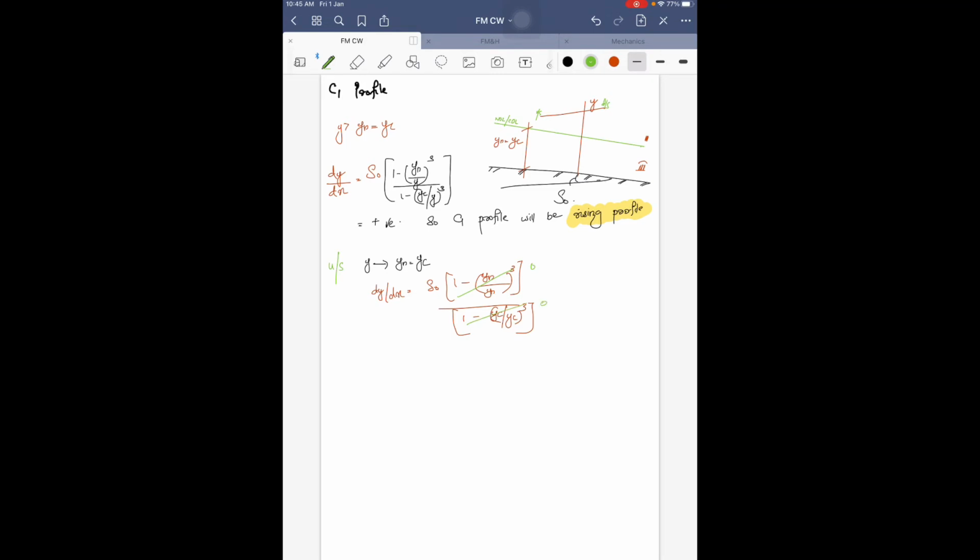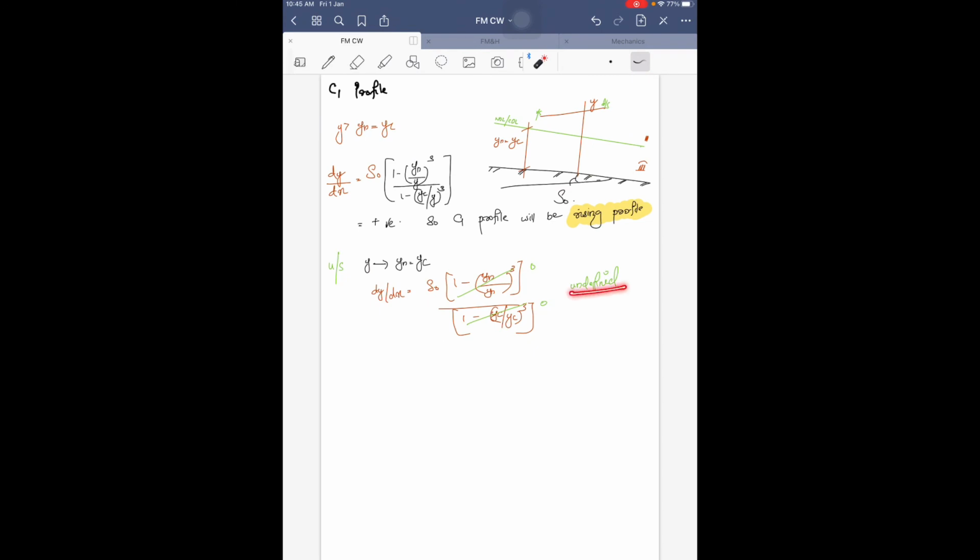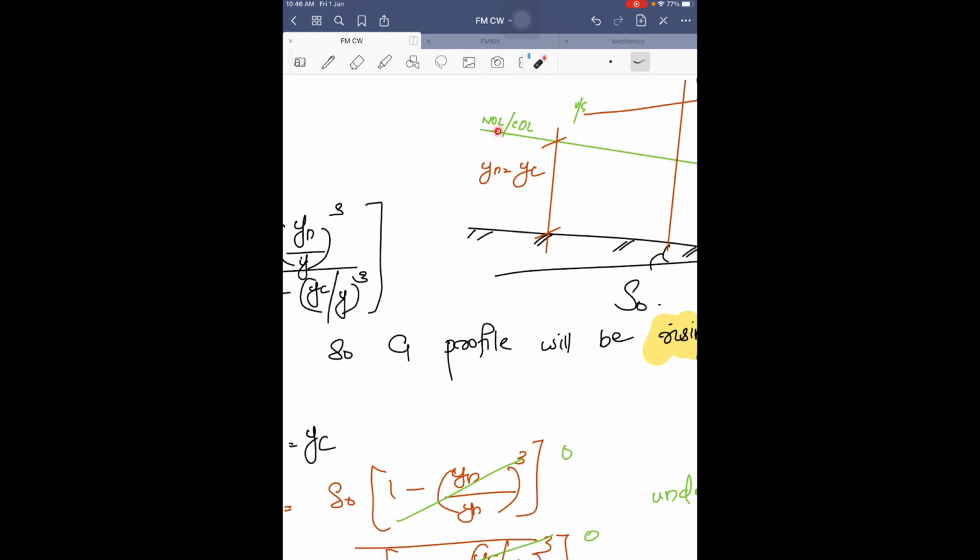So 0 divided by 0 becomes undefined. It's quite obvious because 0 by 0 is undefined. And you have to understand that this condition, stated as undefined, occurs when the profile meets the CDL or NDL line.